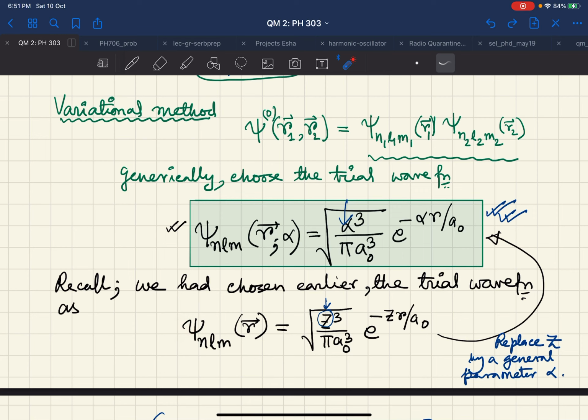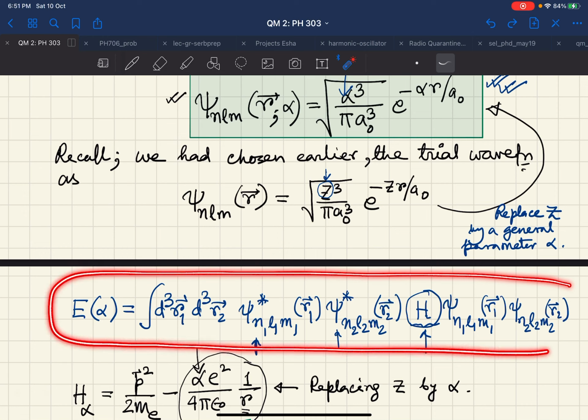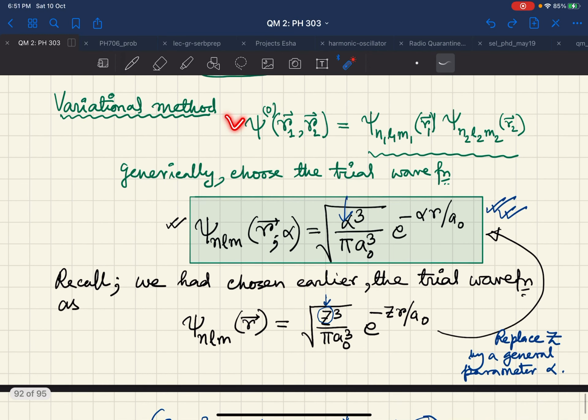So now the expectation value of energy we have to calculate using this trial wave function. That means we have to calculate this object. What is this object? Let us have a closer look. We have to calculate the expectation value of H, the total Hamiltonian. It has to be calculated in this state, where each state should actually be the product of these two hydrogenic wave functions.